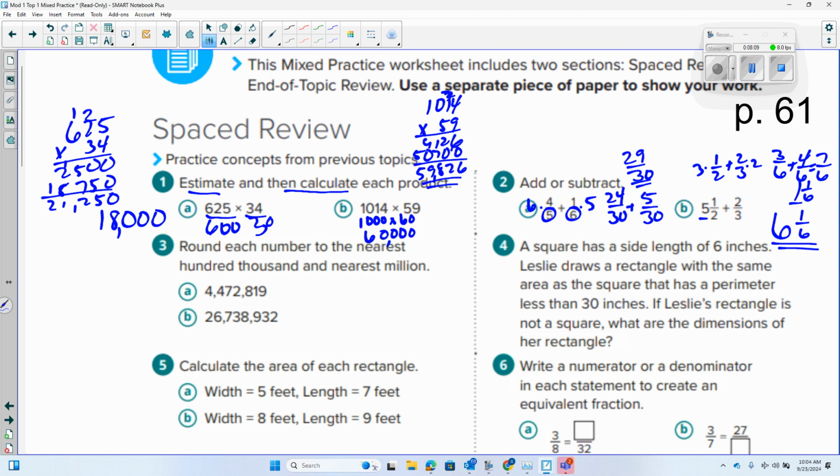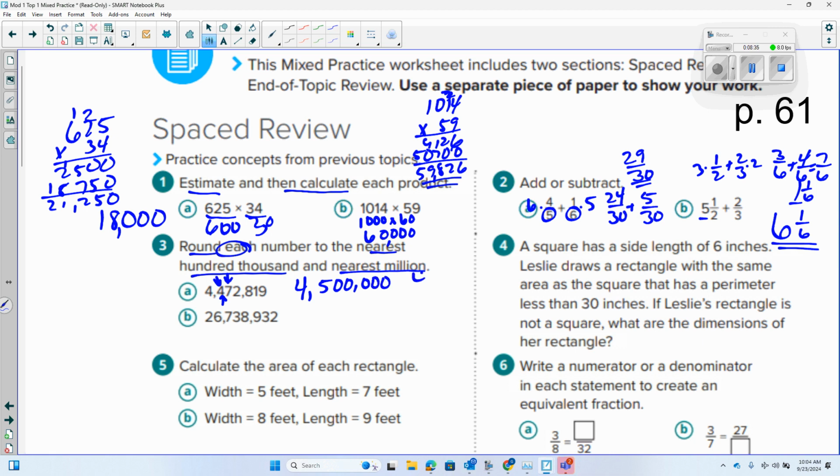Number 3, round each number to the nearest 100,000 and nearest million. We're actually doing two different ones. So to the nearest 100,000, 100,000 is this base, and you look at this one. So that would be 4,500,000. Going to the nearest million, now I'm just looking at the 4.